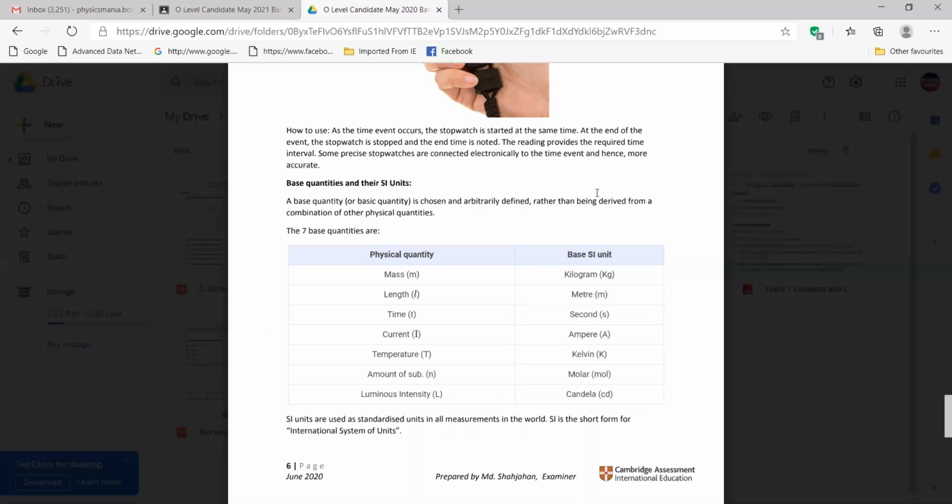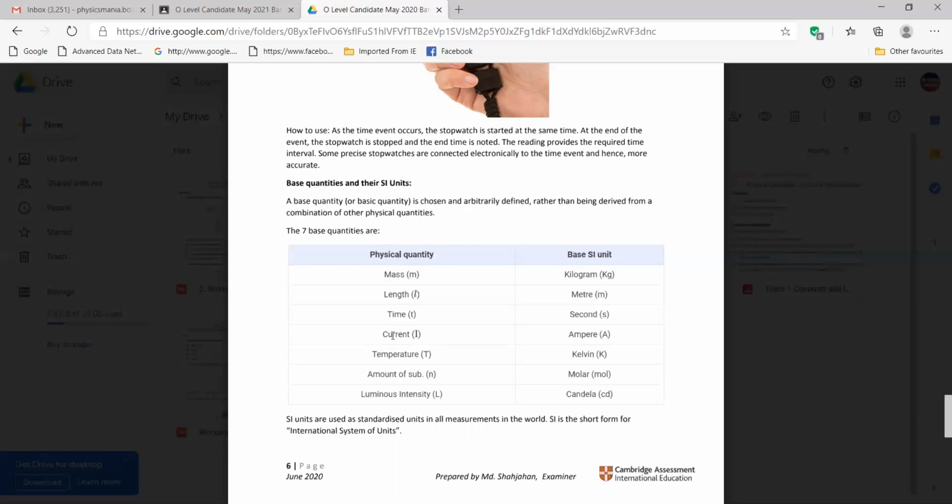And speed unit is meter per second. So we are getting here meter and second. You know the formula of speed, right? Distance over time. So speed is coming from two basic quantities. One is length, another one is time.